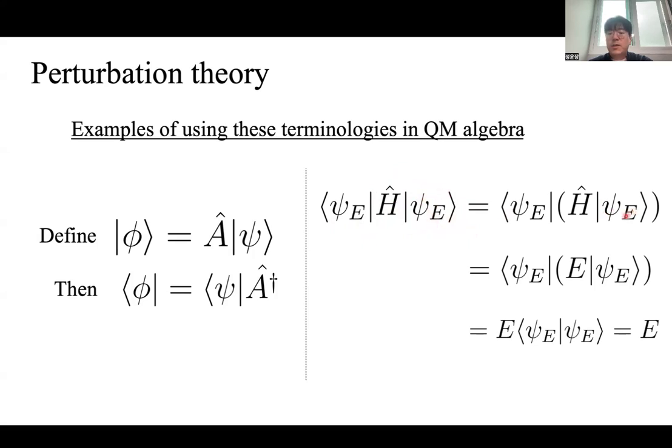But since this is an eigenstate, we know that this is equal to this because that's how an eigenfunction is defined. And therefore, I can reduce this into this form. Since this is a constant, it just comes out front. It's no longer an operator, so it doesn't need to stay inside the integral. It can just come up front, and therefore I end up with this. This is just 1, therefore I get the energy. So we're going to use simple math like this a lot later on when we do perturbation theory.